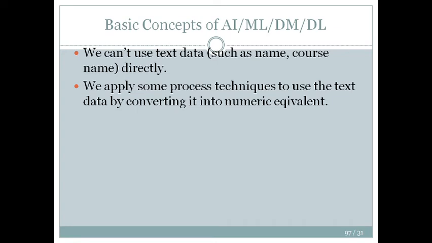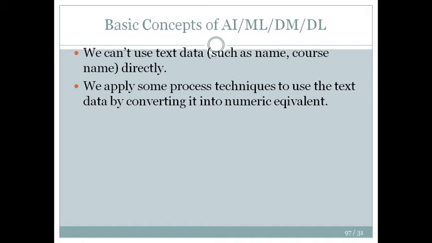We can't use text data such as name, course name directly, so we apply some processing techniques to use the text data by converting it into numeric equivalent. Talking about the databases, once you have stored your data, right? So you have many databases, you have a lot of data, but when you process it, you cannot simply say that let's map name and course together.